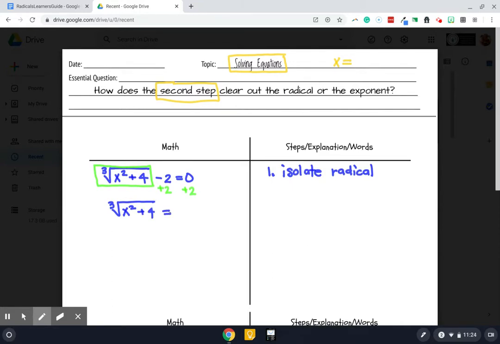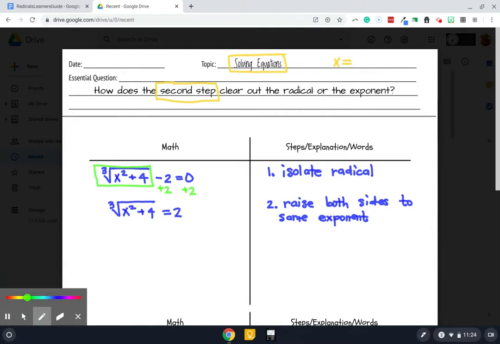Which is great because now I can really try and tackle it. And what I do to tackle it is I raise both sides of the equation to the same exponent. In this case, the exponent I'm going to choose is tied to the index that I have.